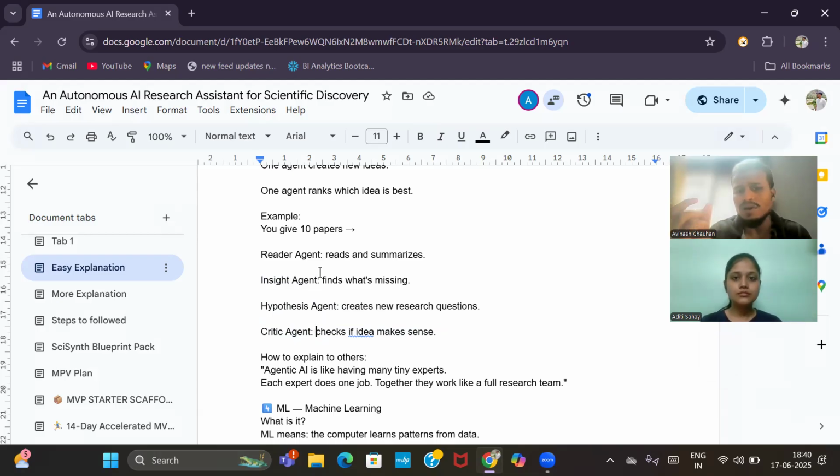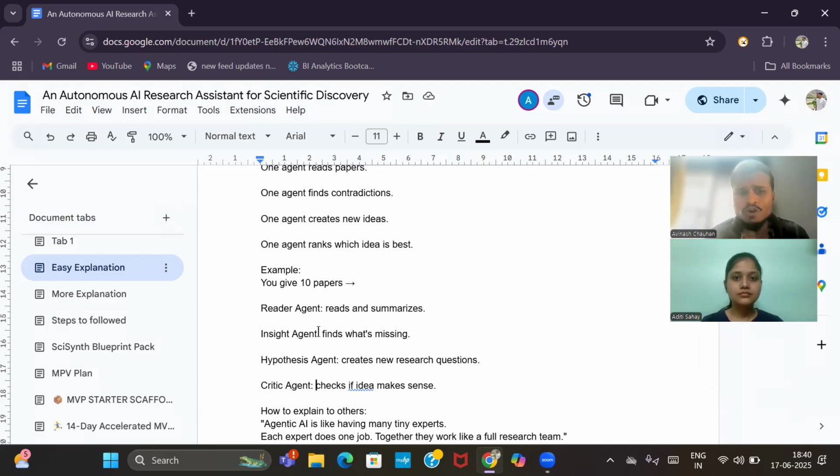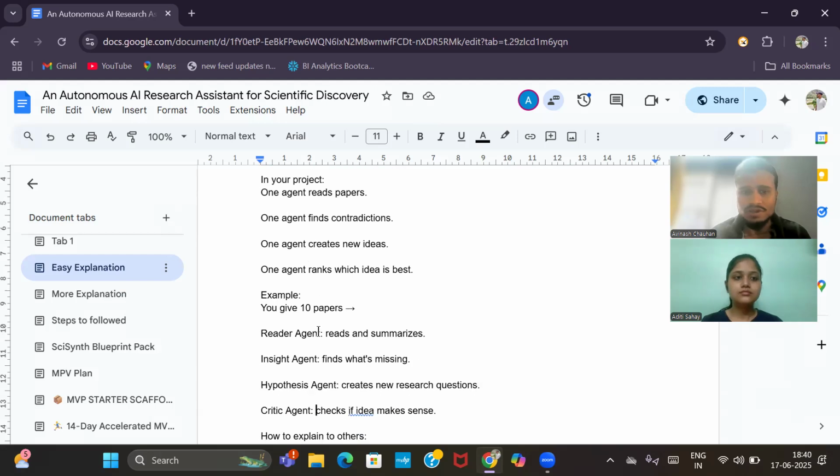The reader agent will read, the insight agent will find the insights, what is missing in that hypothesis. Again, it will generate new research questions. So basically, agentic AI divides our program into simple modules, right?